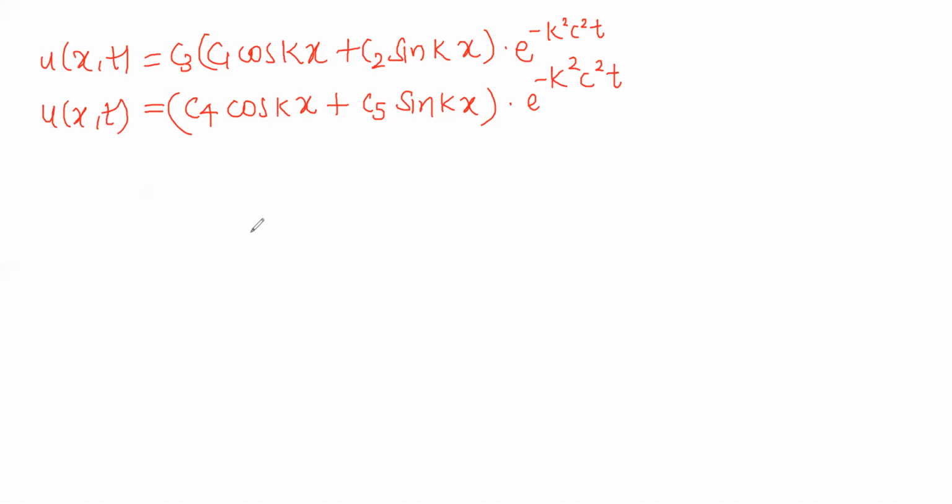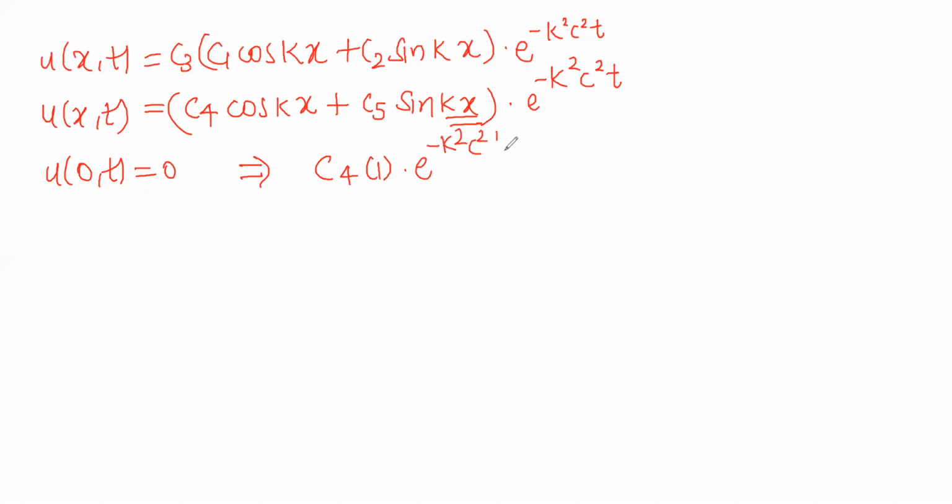All right, and now I can simply apply the condition. So I'll be getting here u of 0,t was 0. When u of 0,t is 0, this sine part will go away because x is 0, so I'll be getting just c4 times cos 0, which is 1, and this exponential part will remain in the picture directly.